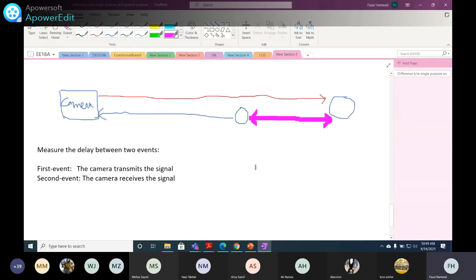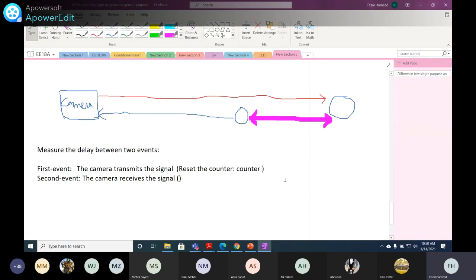Okay, so now, how do we measure the delay? At the first event, what should we do? We should reset the counter. Am I right or not? And when you receive the signal, what should you do now? Reset the counter. So what will the counter value be?